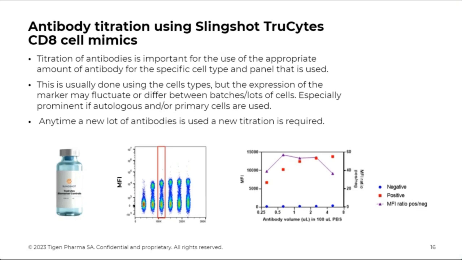The blue dots is the negative signal, and you can see that it's very close to 0. The red squares here is the positive signal that we get, and it would be the ones up here. And the purple triangle curve is the MFI ratio.